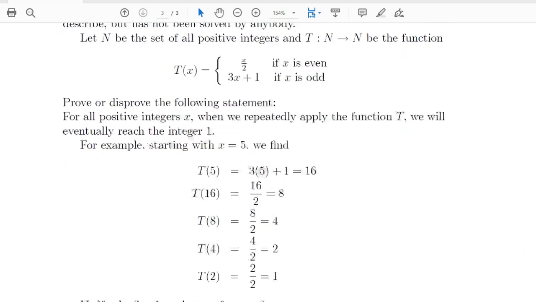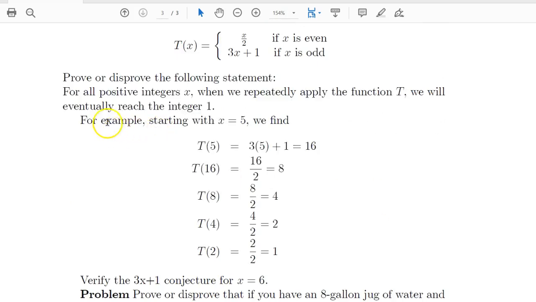Example: if we start at the integer 5, T of 5 is 3 times 5 plus 1 because 5 is odd. We use the second row. 3 times 5 plus 1 is 16. T of 16: now 16 is even, so we must use the first row.